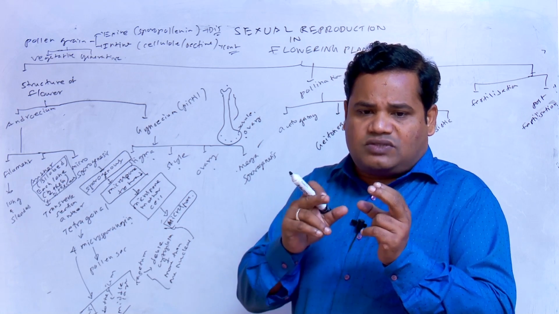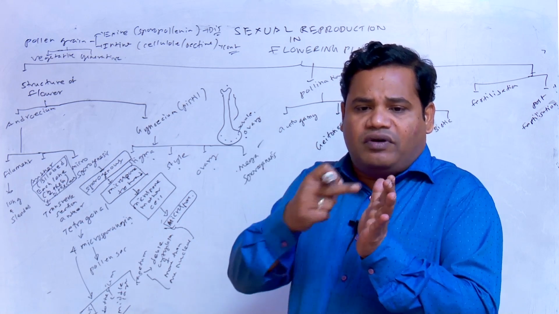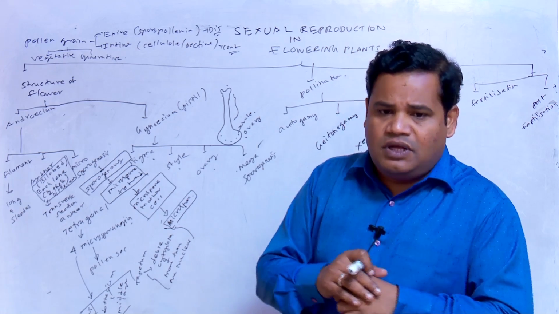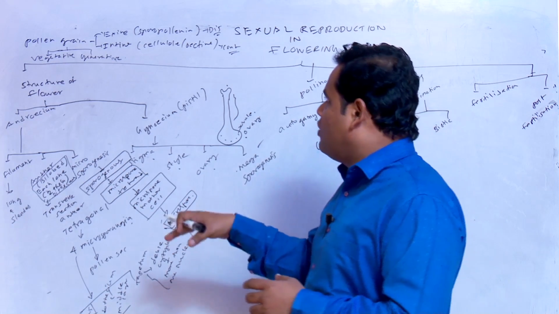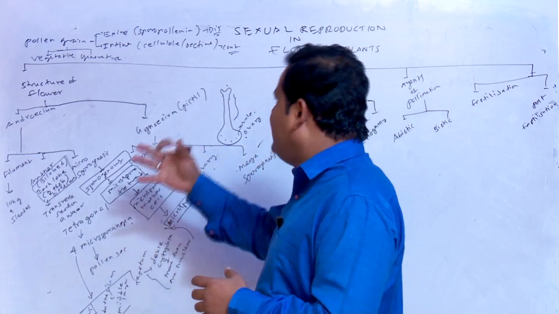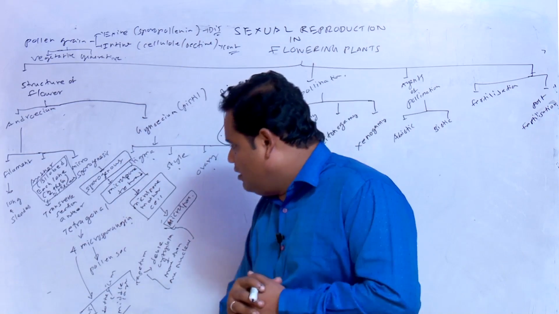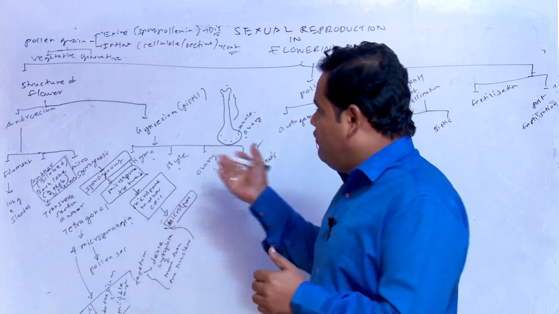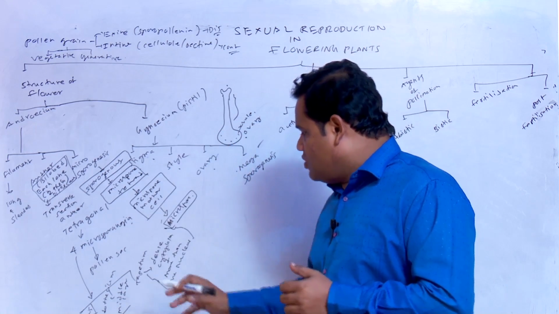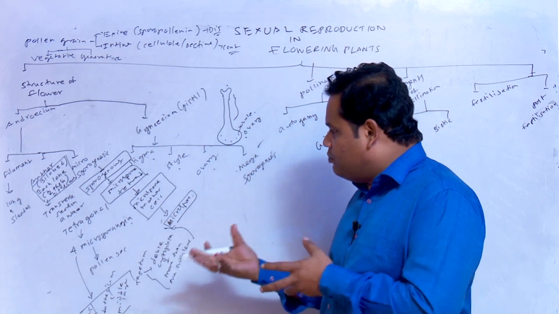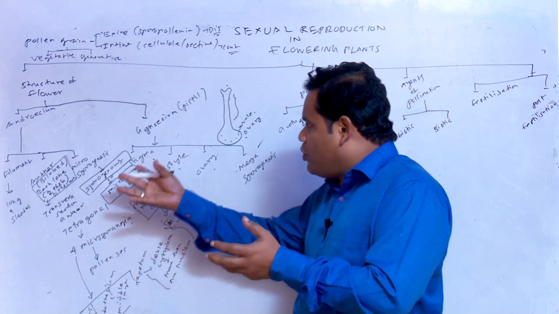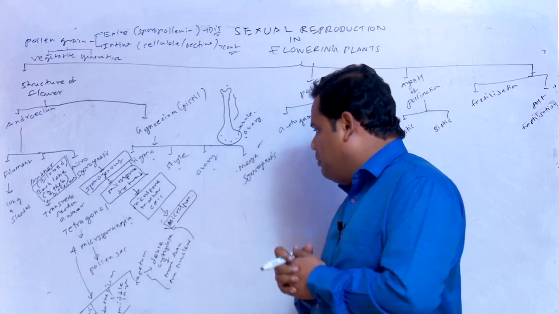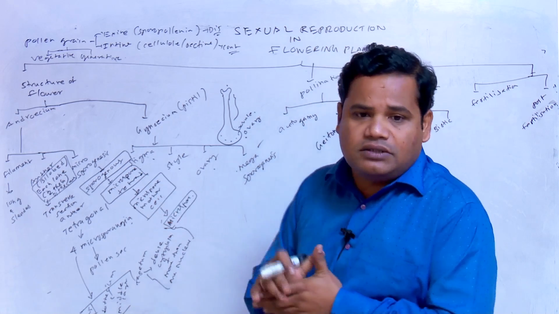The ovule has one or two protective envelopes called integuments. Previously we discussed the protective covering of the pollen grains as exine and intine. In the anther we discussed four different layers, and the tapetum nourishes the microsporangium, the sporogenous tissue, and then we get microspores.